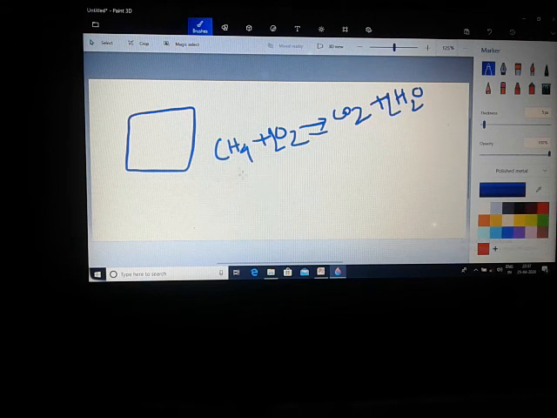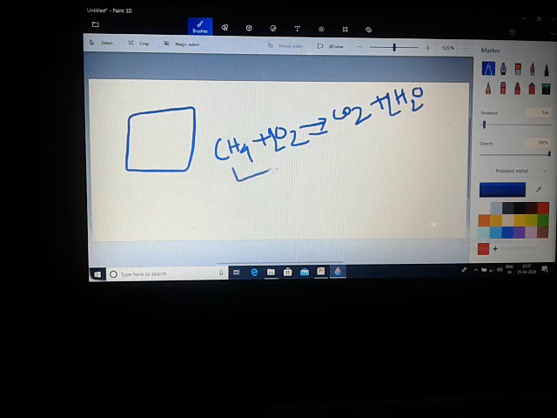Okay, so we know from the definition of the law of conservation of mass that it states that the total mass of the reactants is equal to the total mass of the products.